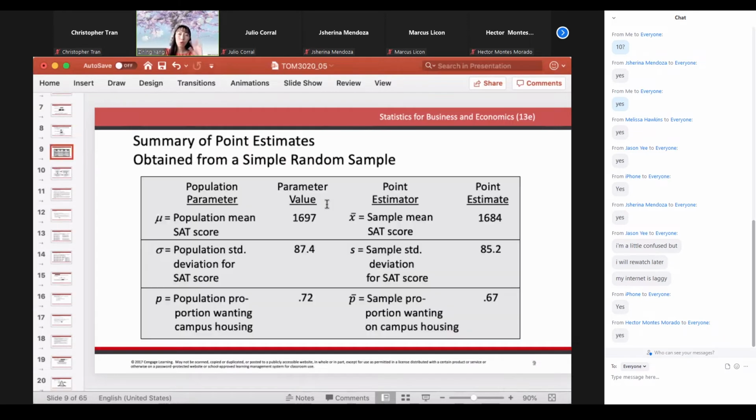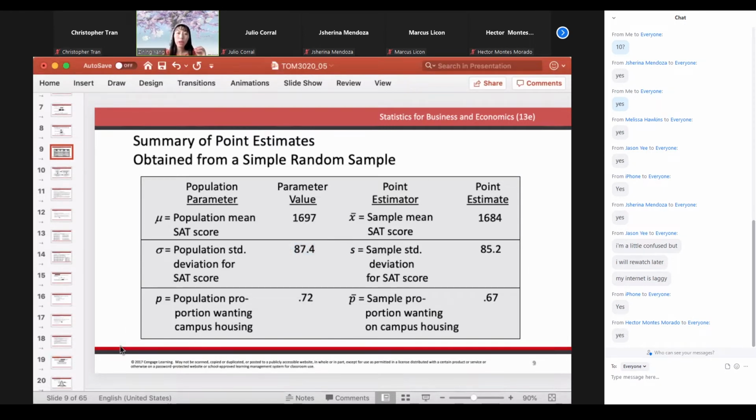For this university application data, we see that the population standard deviation is 87.4, and we know that we took a sample of 30.